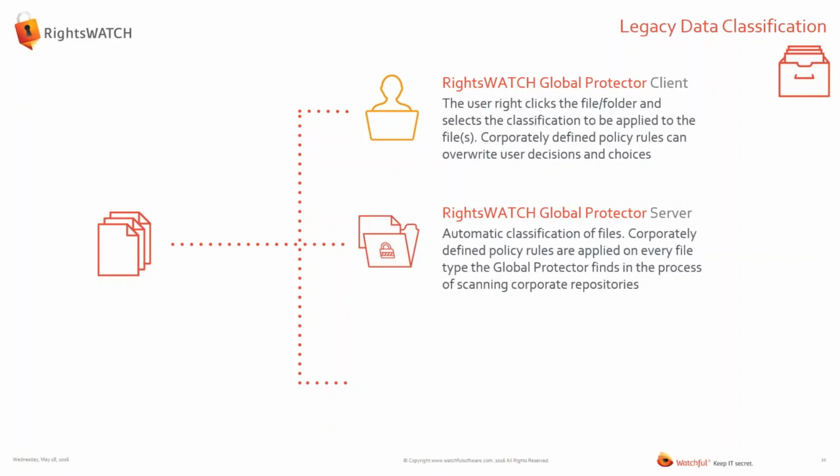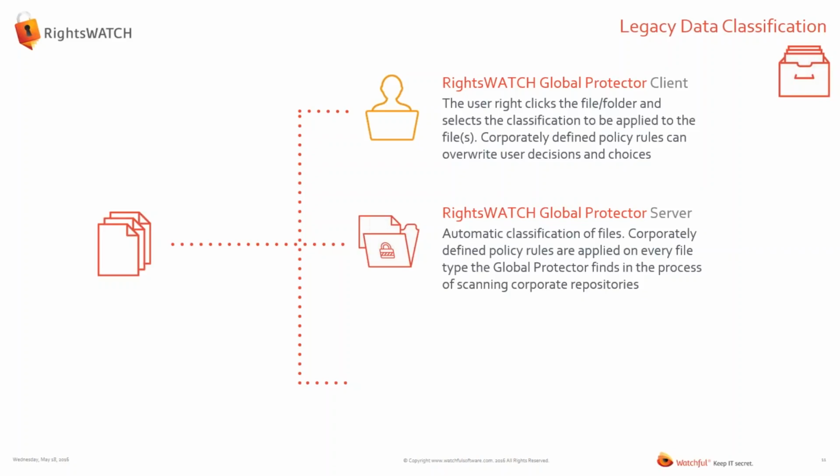The Global Protector client, where the user is able to right-click the file or the folder that he wants to classify and selects the classification to be applied to the files or the folder. However, corporately defined policy rules can override user decisions and choices, and that can be triggered by the content of those files, the context and the metadata in those files.